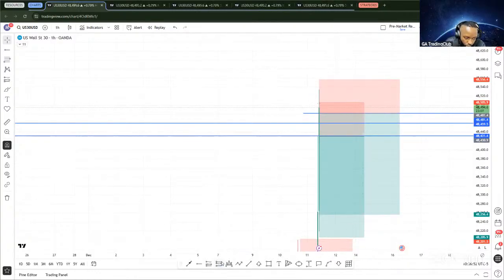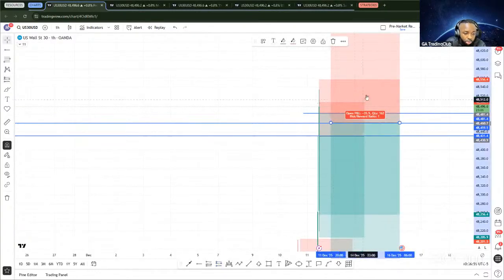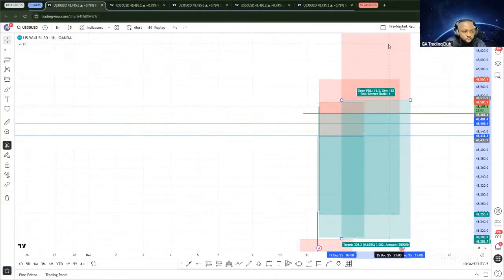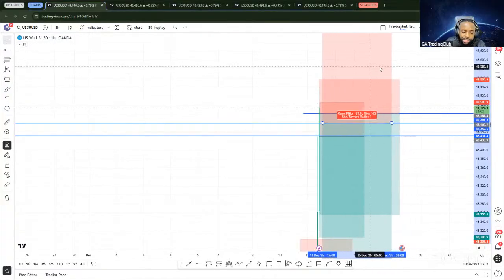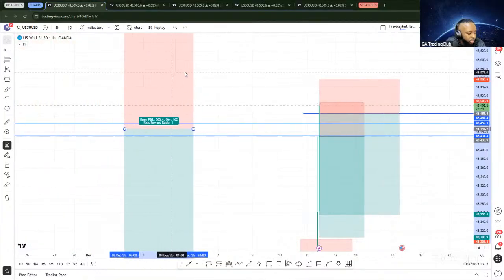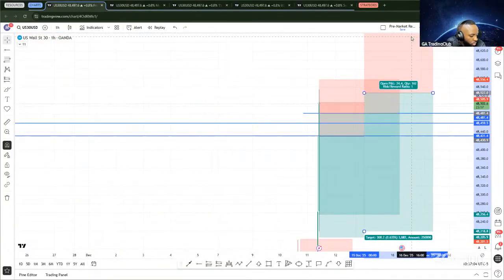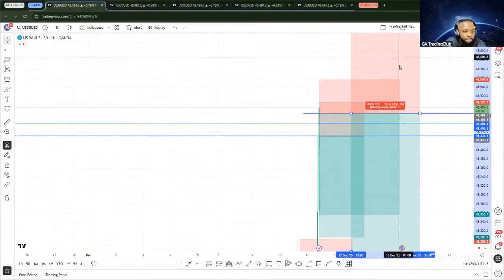And then you would look at the intersection of that and have two pending orders. The first one at the intersection, which would be the previous all-time high, and then the second one would be 50 points above that.